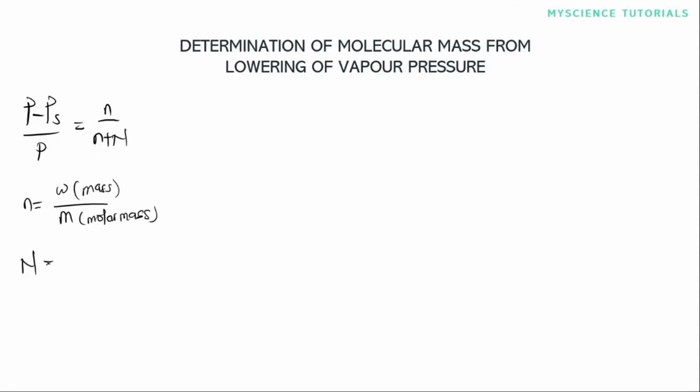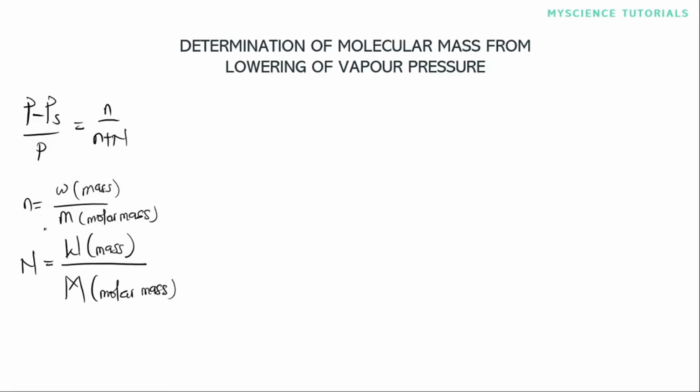Now, for the capital N, we are going to use capital W as the mass of the solvent, and then capital M as the molar mass of the solvent. Now, let this not confuse you by you saying the small m is mass. No, the small m is molar mass, and we are using W to represent the mass in this case.